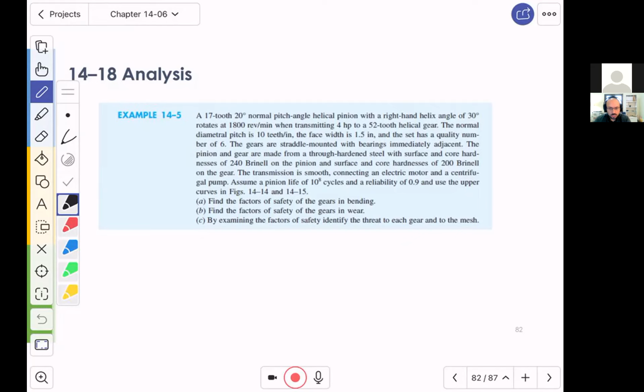Except that somebody decided to use a helical gear instead of a spur gear. So the question in your mind is, out of everything I did, what is going to be the same and what is going to be different? First of all, look, this is the pinion and this is the gear. The number of teeth is still 17 and 52. The diametral pitch is 10.